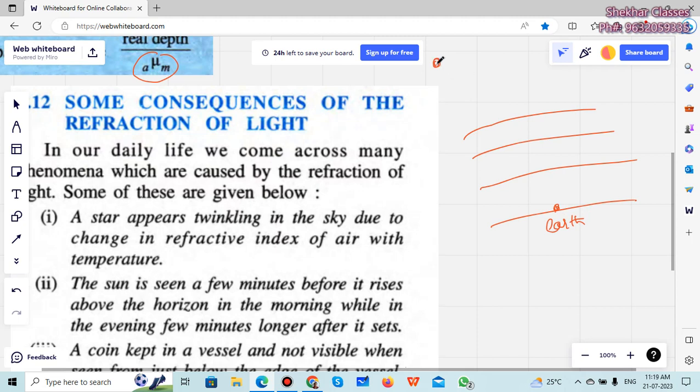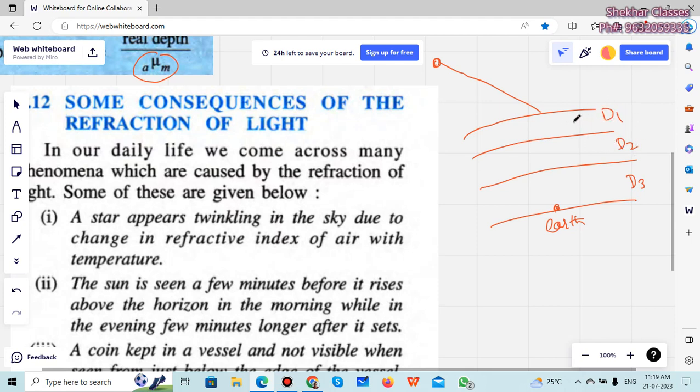So what happens? The ray of light is coming. If it is coming like this, this is the rarer or rarest medium, then this is slightly denser. So we can write the density as such here. This is the highest density, density 3, density 2, and density 1.